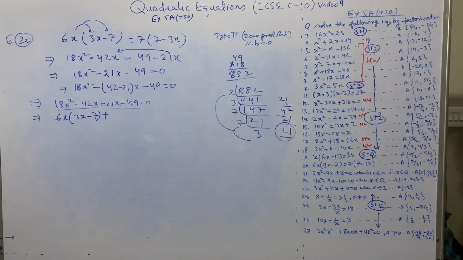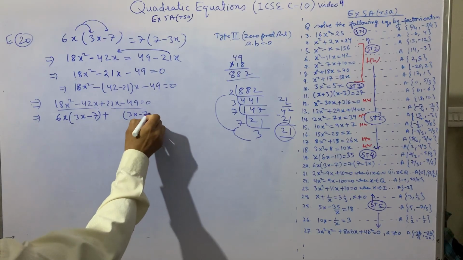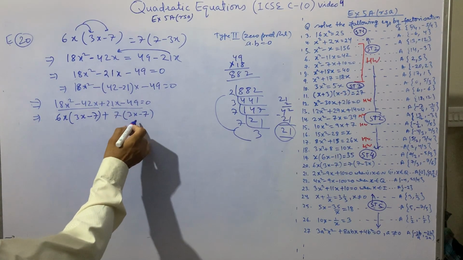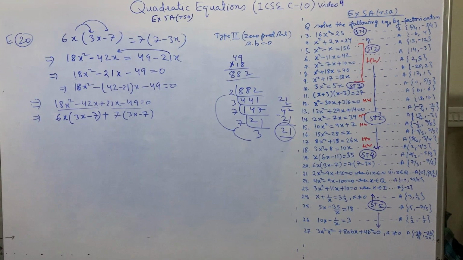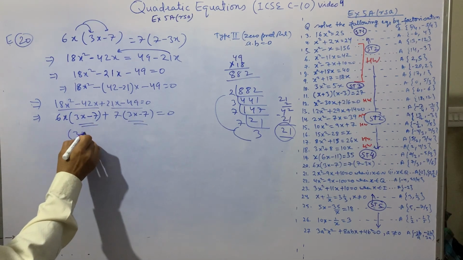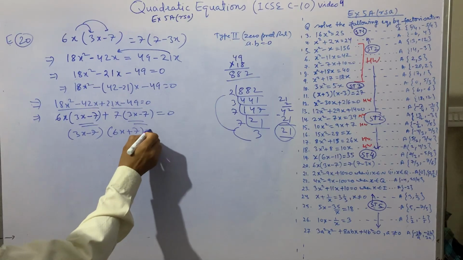Then here also there should be a 3x inside, so we'll multiply 7 3 is 21x, and minus 7 is 14, perfectly okay. So taking this out, we are getting 3x minus 7, and then 6x plus 7 is equal to 0.